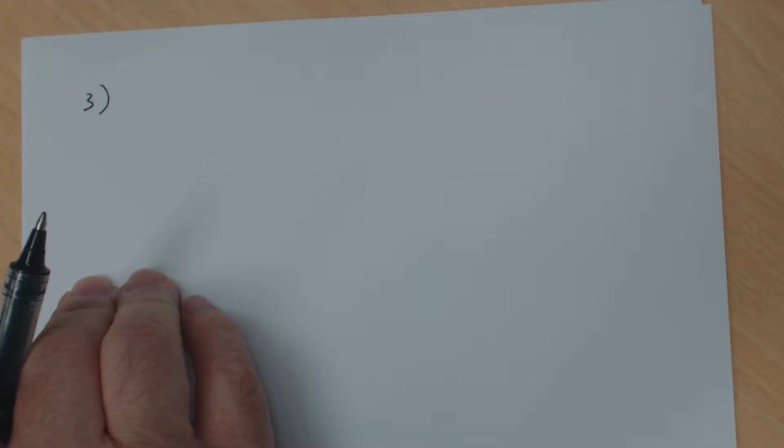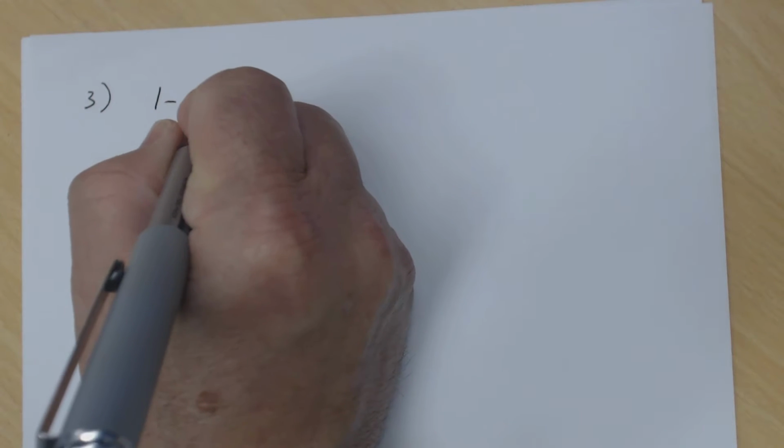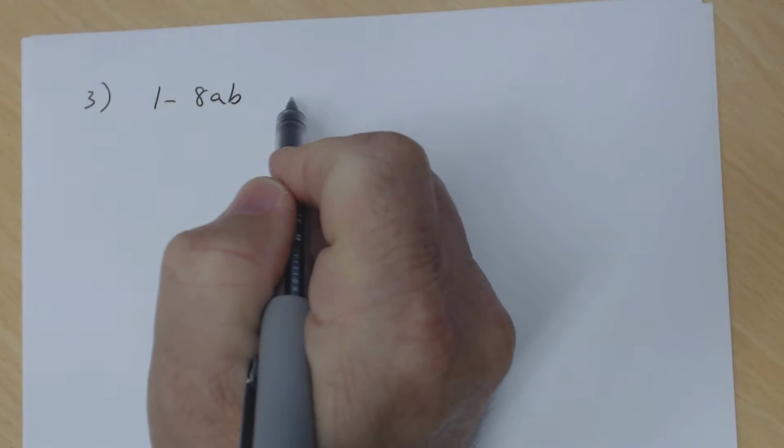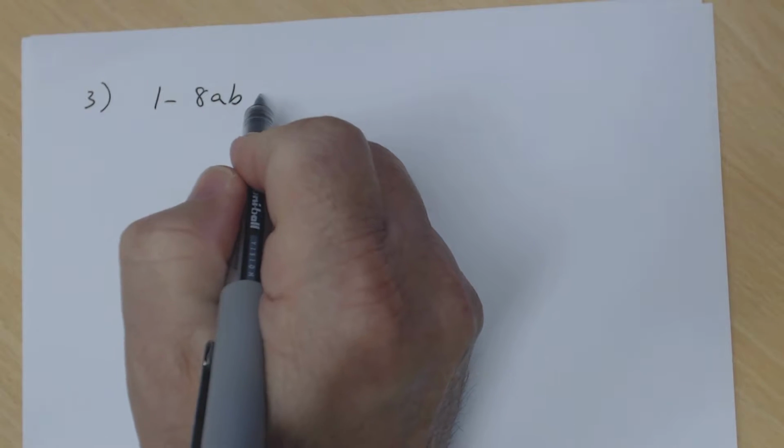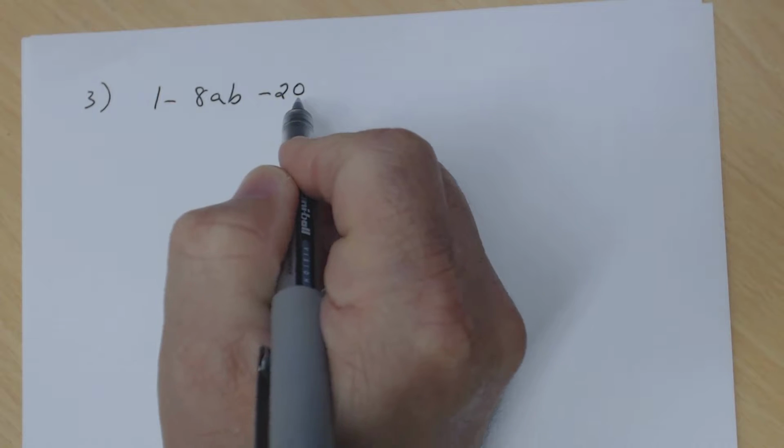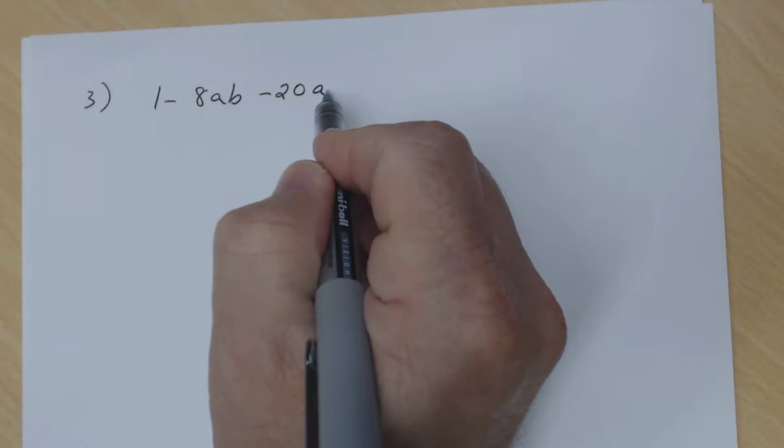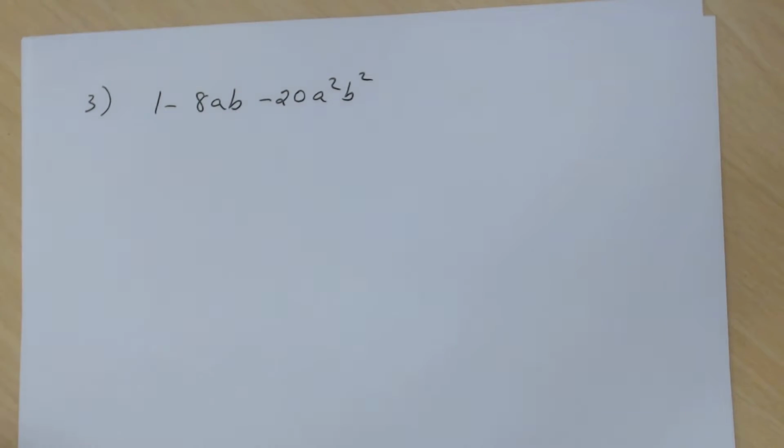All right, suppose we had 1 minus 8ab minus 20a squared b squared.